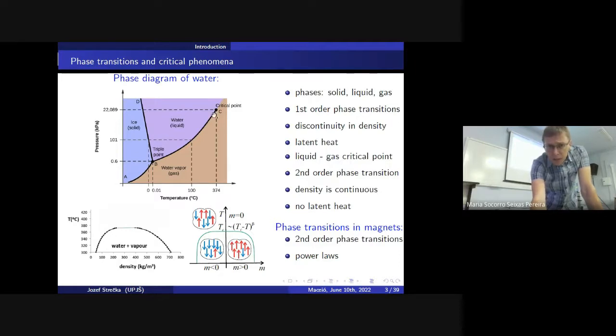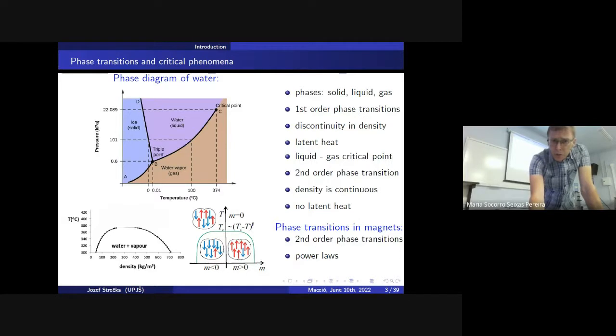So this line between the points B and C. Namely, it starts in the triple point when all three phases coexist together, but it ends at some very specific point. And this specific point is called the liquid-gas critical point. Why is it so?